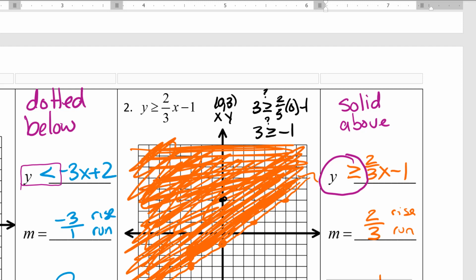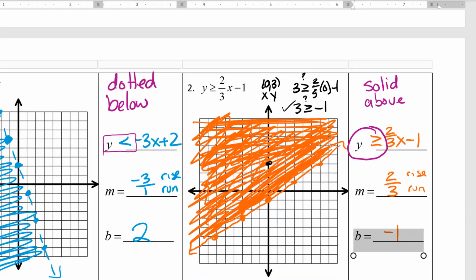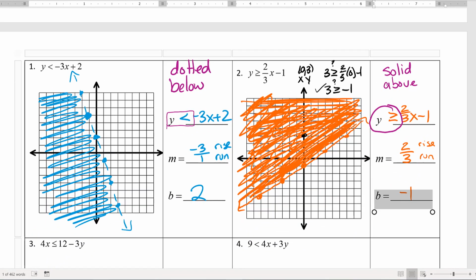Is this a true statement? Well, yes, it is. That means that's a solution. So how many solutions are there for this inequality? Well, thousands and thousands, an infinite number. I just picked one and showed you that one point in that area actually did work. So that's another thing that you can do. If you just want to pick a point, find out if it works, then you can shade that side.